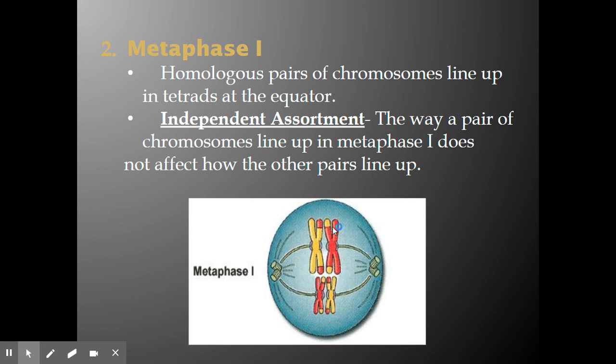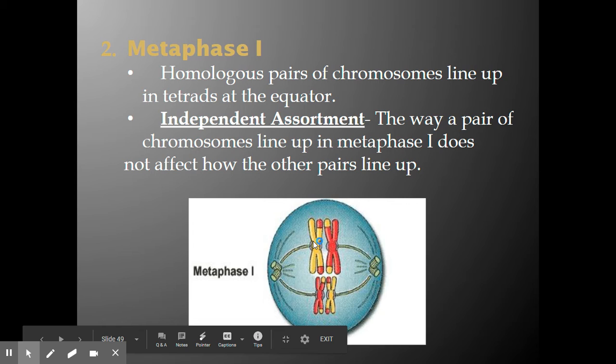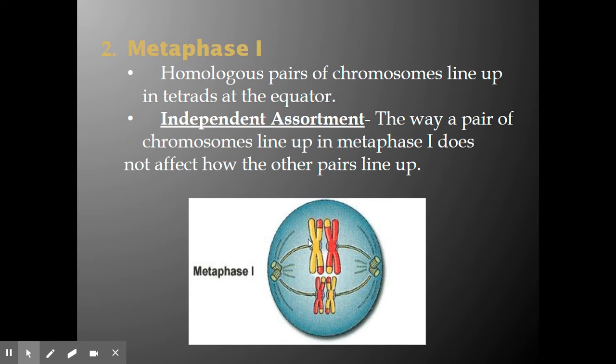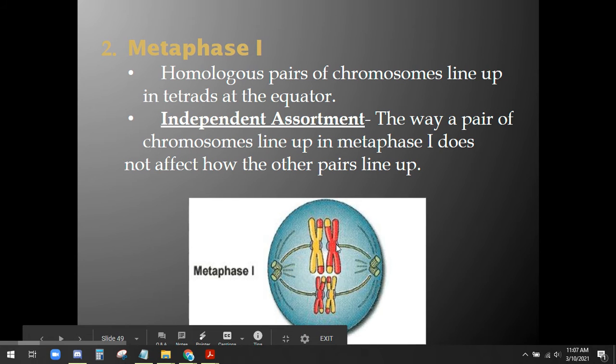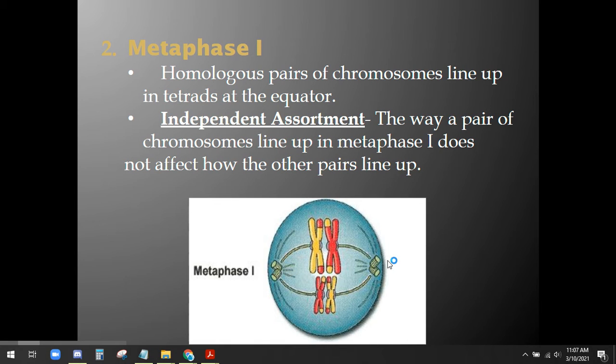So they line up like this, where the homologous chromosomes line up, making sure maternal and paternal are next to each other, one facing one set of centromeres, the other facing the other.